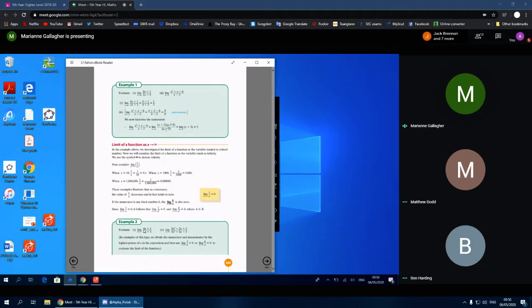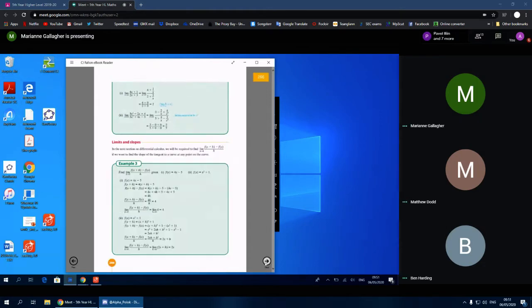So what we do is we divide everything by the highest power of x that we can see in the whole expression. Then anything that's 1 over x or 1 over x squared or k over x is going to be equal to 0. So the first one there, I'm just going to write this out. Limit as x tends to infinity.